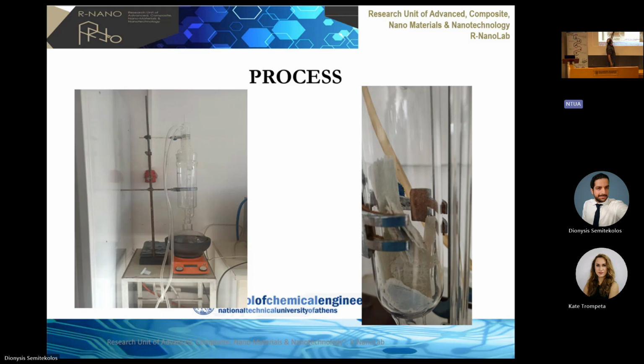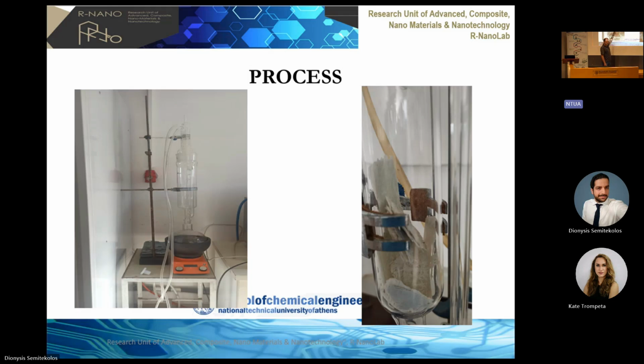On top of that, we have this reflux vessel, where we put the material, and on top of that there is the cooling. Sorry, I don't remember the exact name right now.